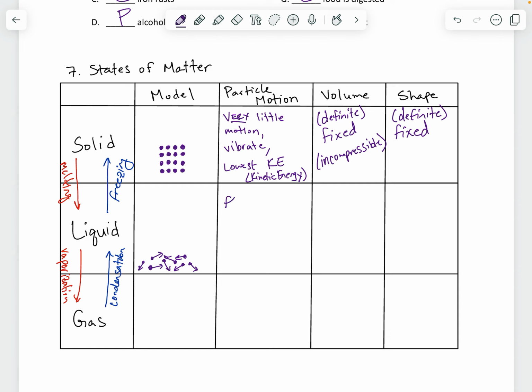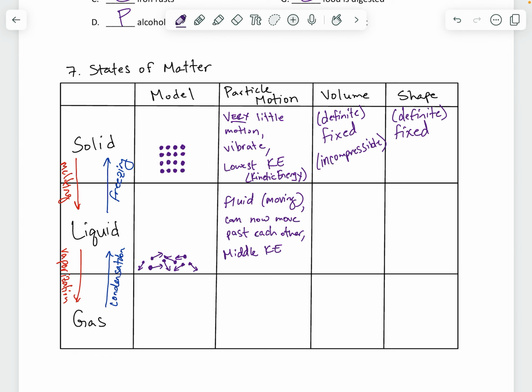They are fluid, like I said, which means that they are moving. They can now move past each other. And if they can move past each other, then they're going to have kind of like the middle kinetic energy compared to all of these, right?